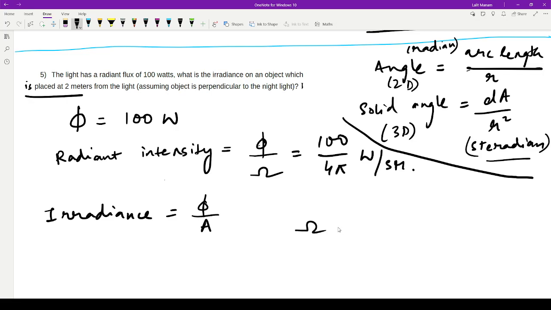The solid angle, A by r square. I'm not taking a small angle, it's a big angle, so I'm just writing A by r square.